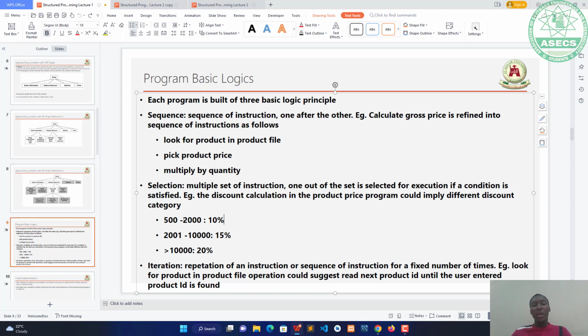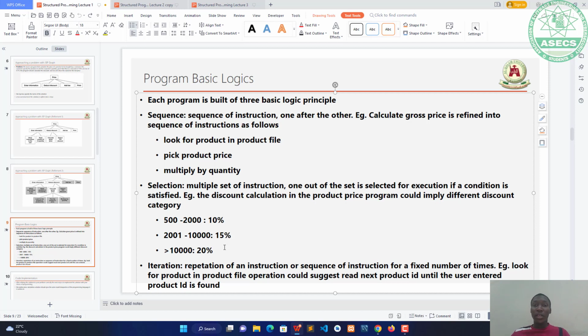So ana iya cewa idan mutum ya yi spending 500 to 2,000 naira za a bashi 10% discount. Idan ka yi spending from 2,000 and above to 10,000 za a baka 50% discount. In ka yi spending greater than 10,000 naira za a baka 20% discount. So this is a logic. This is a very good example for you guys to understand this. I will add another one.